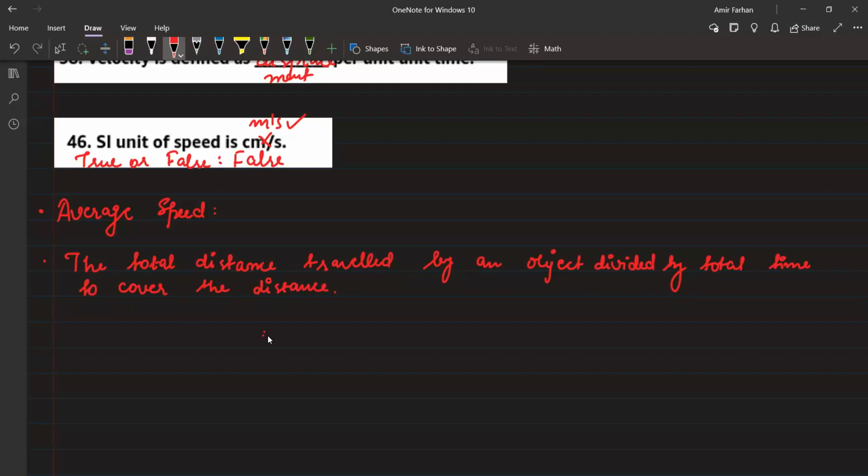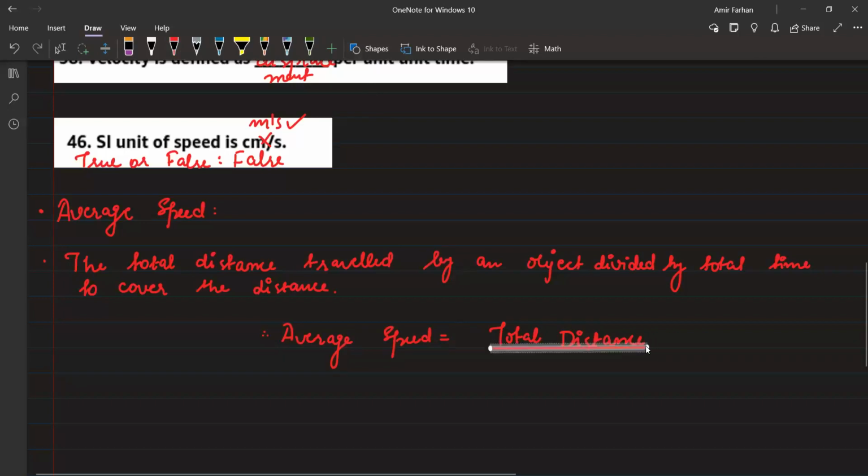Okay. So basically average speed is written as total distance by total time.